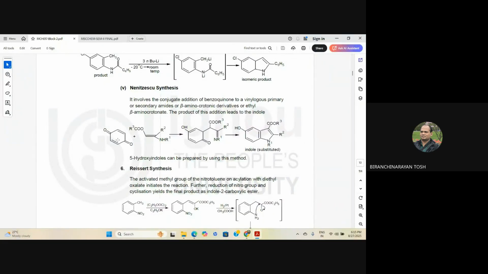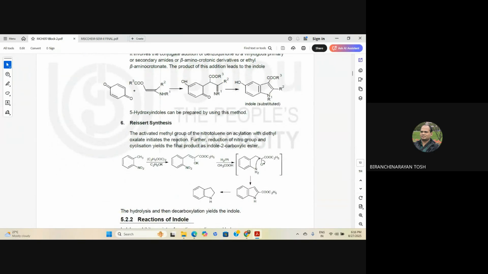So benzoquinone and a vinylogous primary or secondary amine; a vinyl group is there, primary or secondary amide. Cyclization takes place, and substituted indole will be formed.